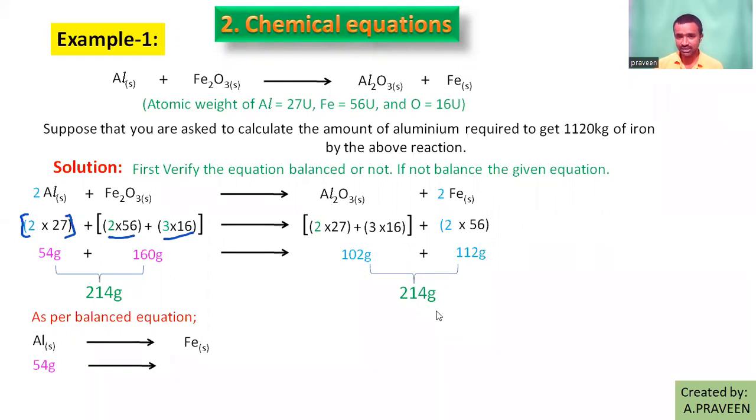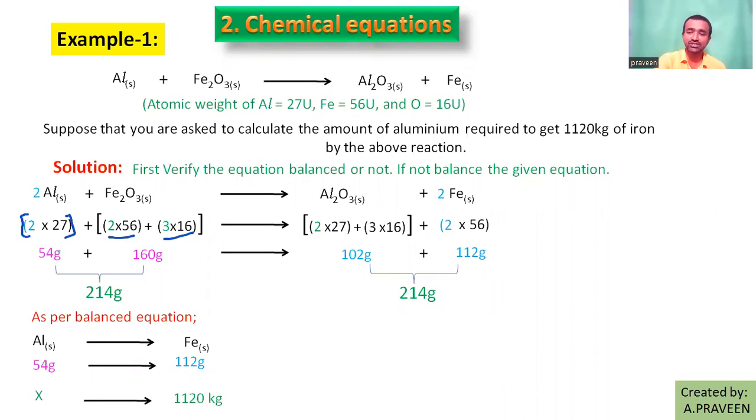Drop it down. Then next, according to your question, what amount is required? Aluminium required. The unknown quantity I am taking as X, to get 1120 kgs of iron. That's it, so I made a relation. Then what to do after completion of this relation?